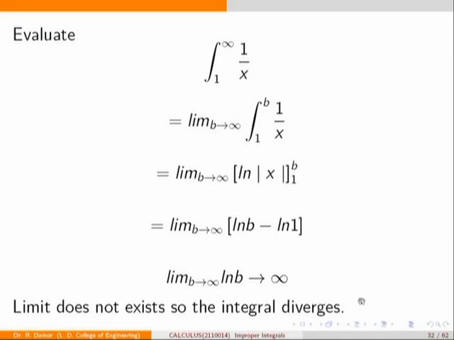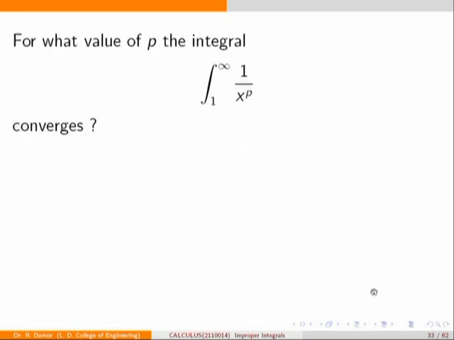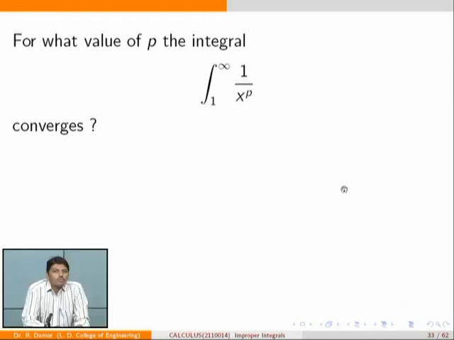Okay. So there are some cases where the integral is divergent. If there is some fixed value, then it is convergent. See this: for what value of p is the integral from 1 to infinity of 1 upon x raised to p convergent?